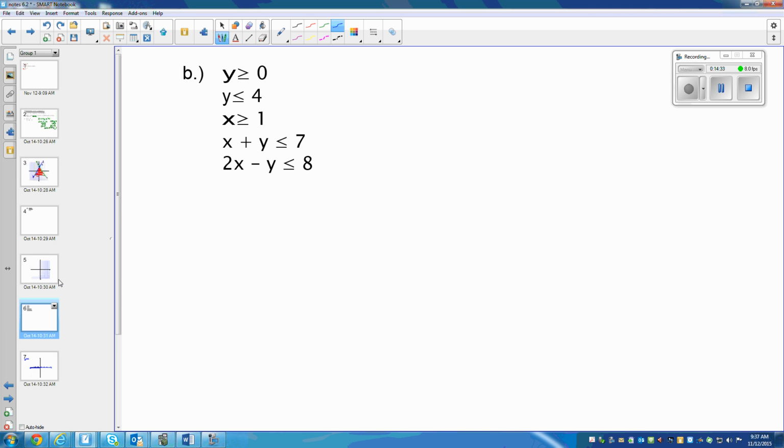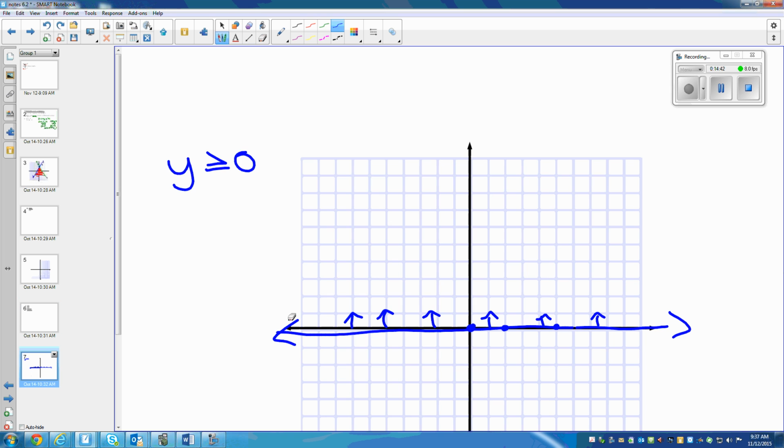So the next one says y is less than or equal to 4. How do we graph that? Where's y equal to 4? Y is 4. 1, 2, 3, 4. Right here, and 4 here, and 4 here. So you can see, and it's going to be a solid line because y was equal to.